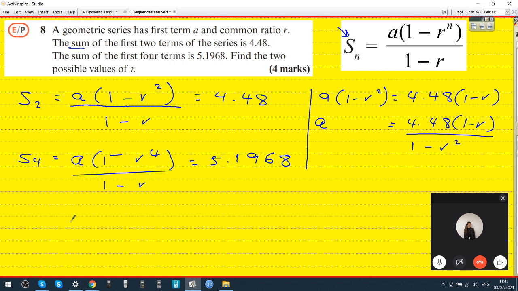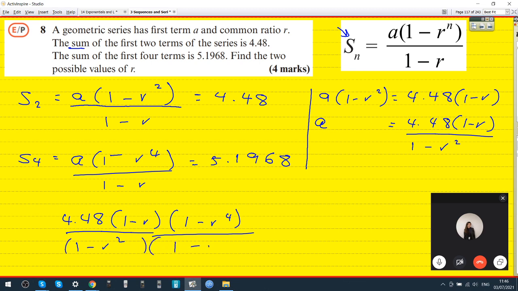So instead of A, we would have 4.48 times 1 minus r over 1 minus r squared, and that's times 1 minus r to the 4, over 1 minus r.